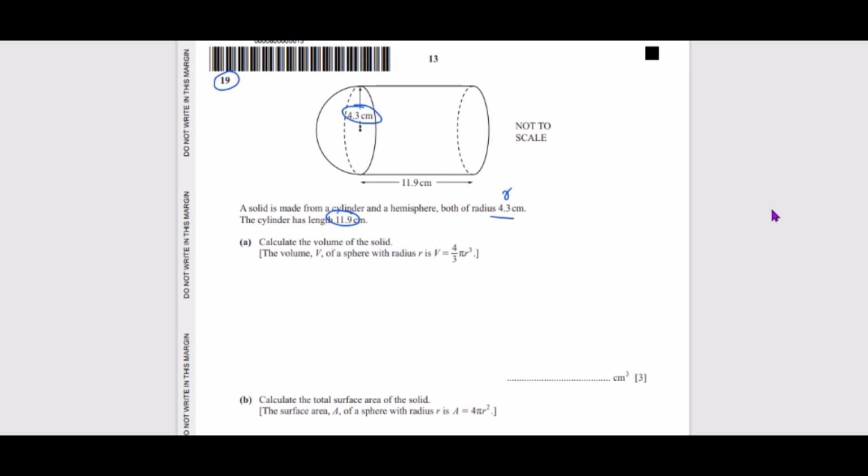The volume of solid is equal to volume of cylinder plus volume of hemisphere.